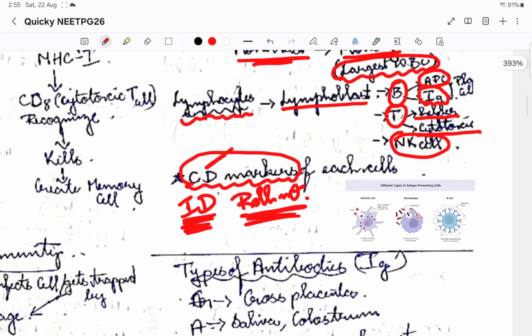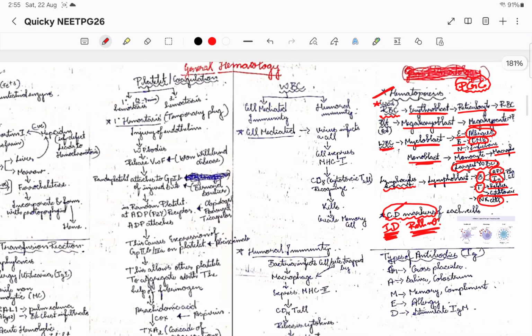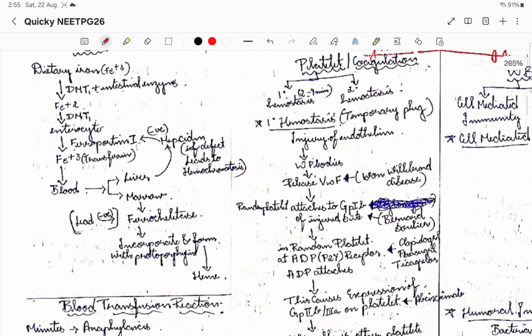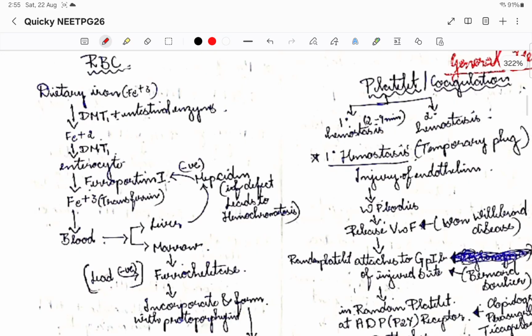Okay, so now that you know how hematopoiesis happens, let us go on one by one. What are the physiological functions of these RBCs, platelets, and WBCs? Okay, starting from RBC. So RBC's main function is to deliver oxygen, right?